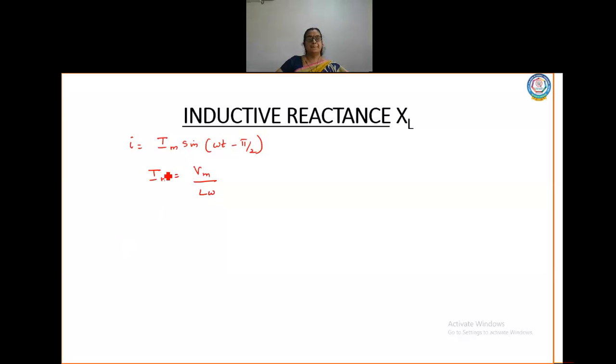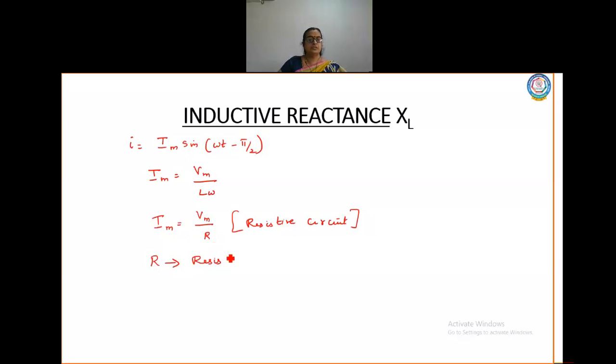Now let us compare this equation with the current equation in the resistive circuit. What is Im in the case of a resistive circuit? It was found to be Vm by R. This is with respect to a resistive circuit, where R is nothing but the resistance.